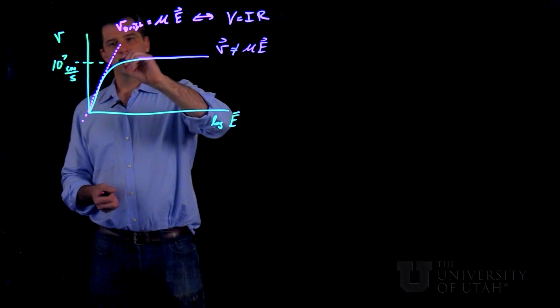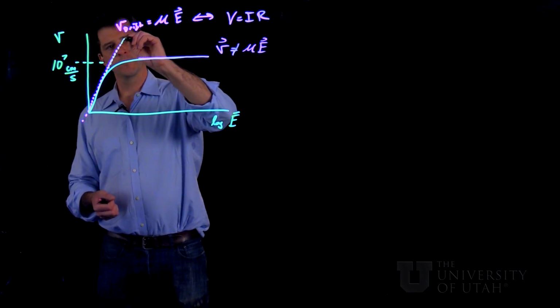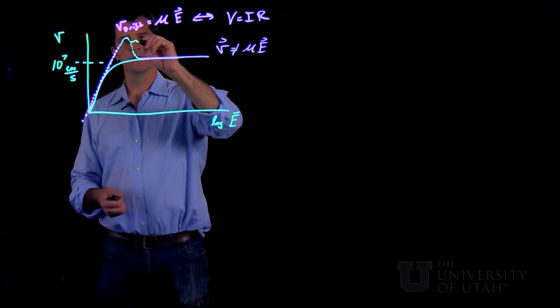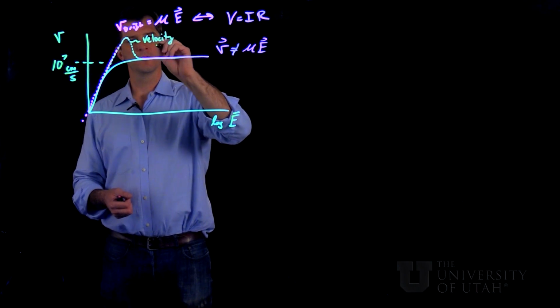And then furthermore, some semiconductors, especially, for example, gallium arsenide and indium phosphide, actually show a phenomenon called velocity overshoot.